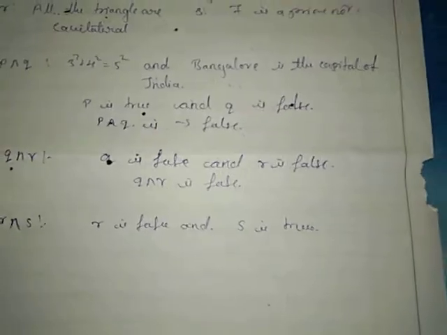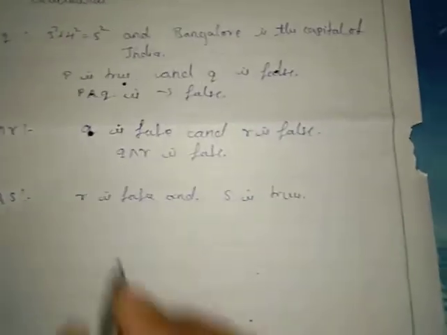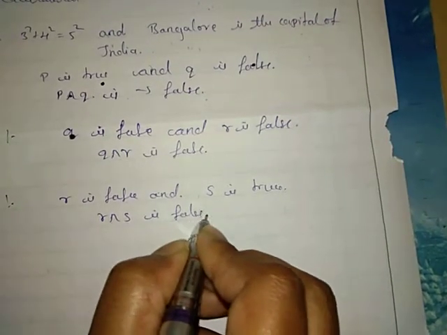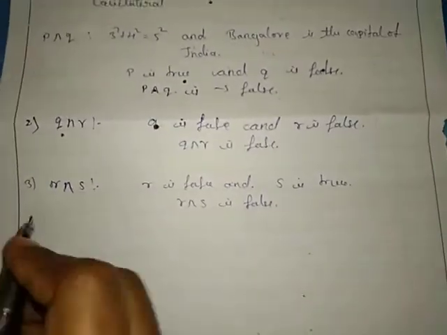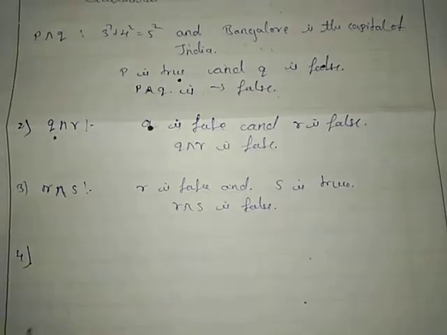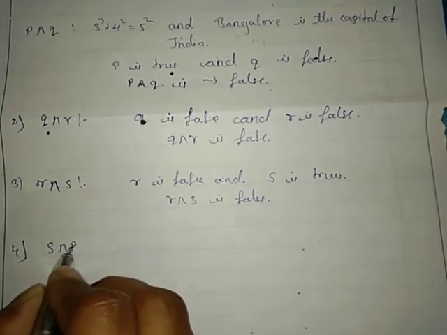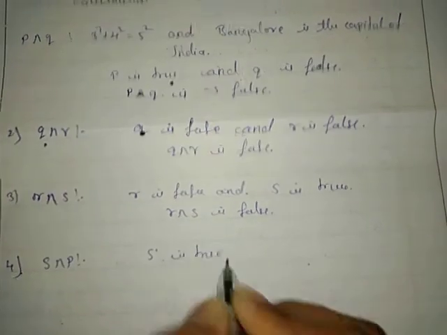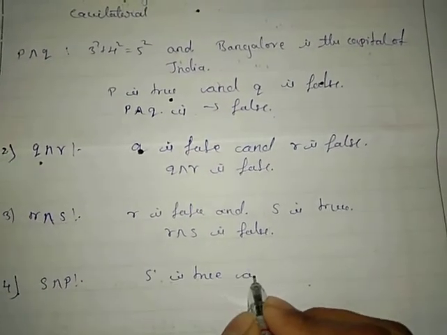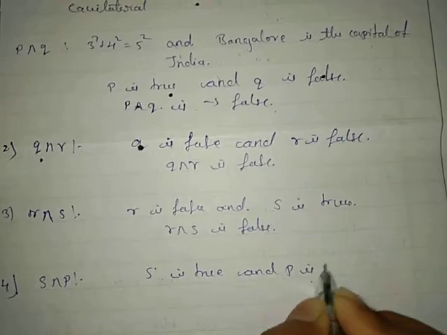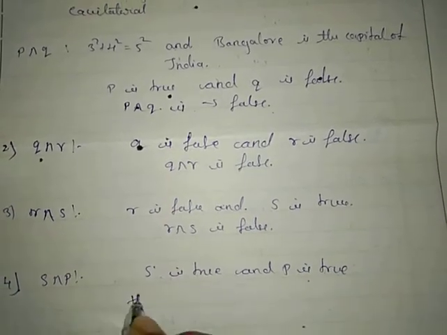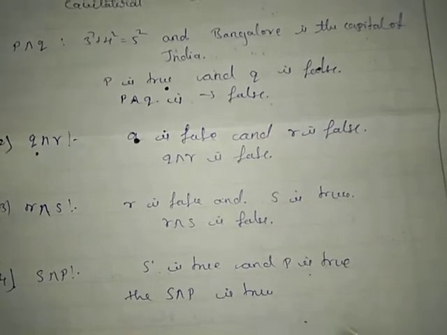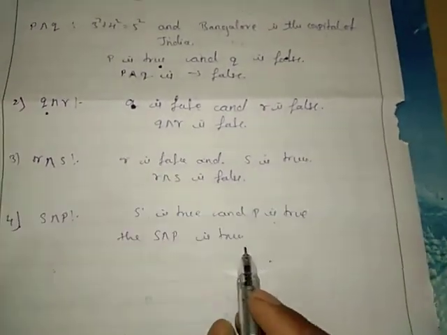If R is false and S is true, then R and S is false. Same as it is, S and P. S is true and P is true. Then S and P is true.